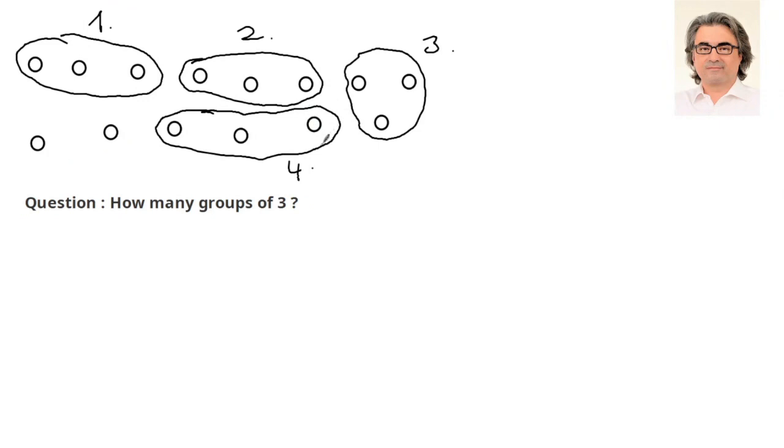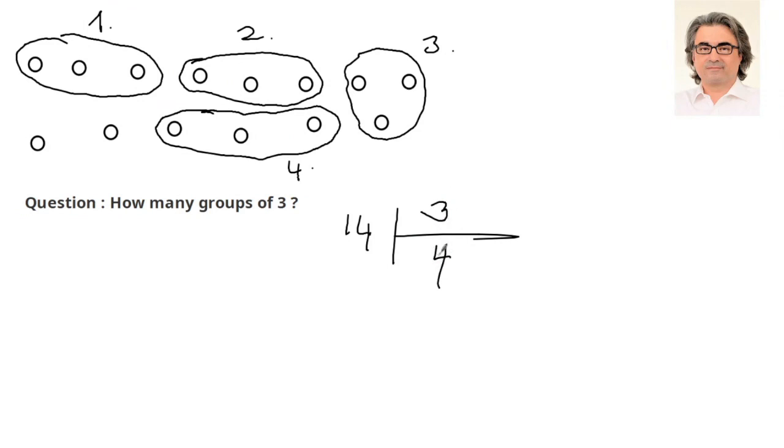So yes, I have now in this example 14 circles in total, and I am making groups having 3 circles. The number of groups, 1, 2, 3, 4, as you see, is 4, and in each group I have 3 circles.